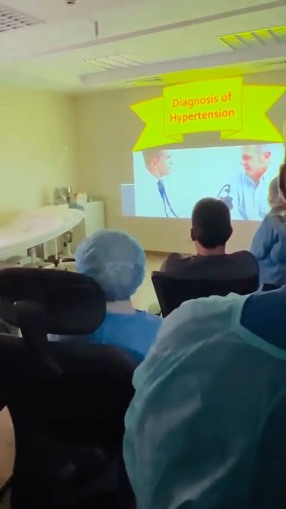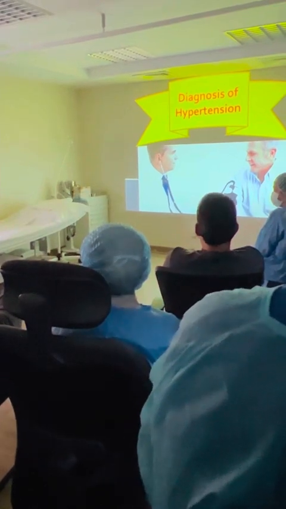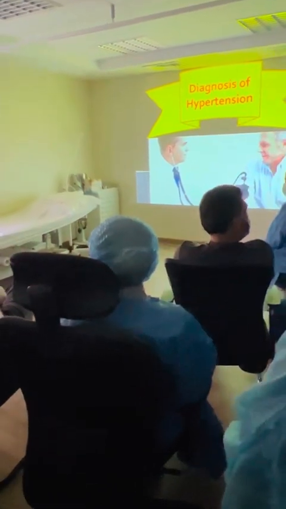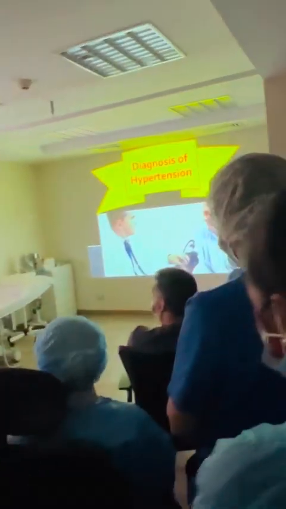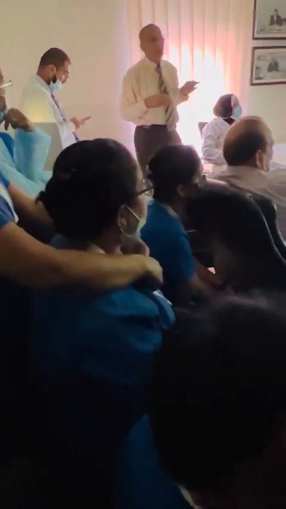For diagnosis of hypertension, according to the international guidelines, the most important one is the JNC, Joint National Committee, number 8, the latest one, in 2016. The European and American Societies for Hypertension divide blood pressure according to the reading into 4 stages.